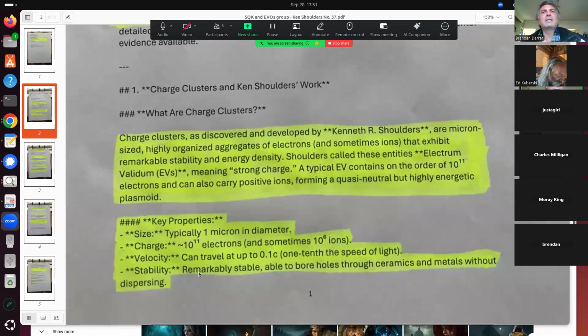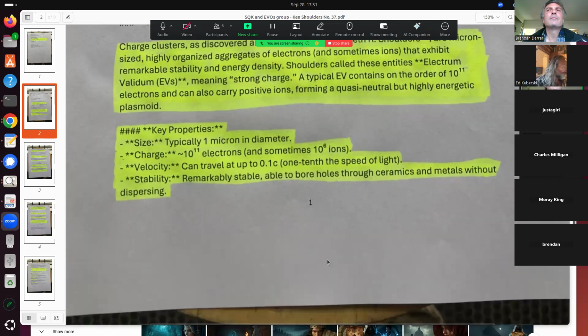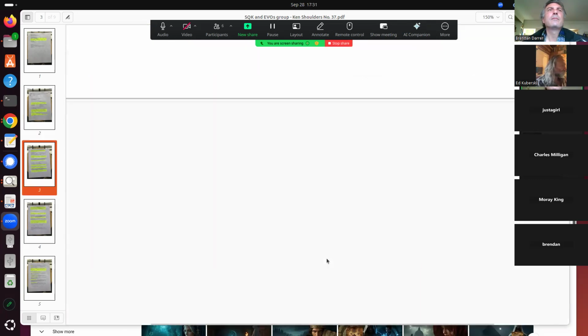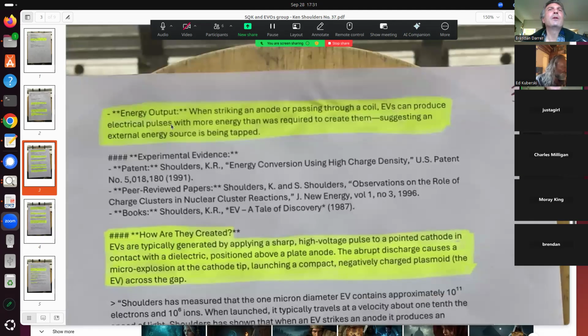Stability, remarkably stable, able to bore holes through ceramics and metals without dispersing. Energy output: when striking an anode or passing through a coil, EVs can produce electrical pulses with more energy than was required to create them, suggesting an external energy source is being tapped.